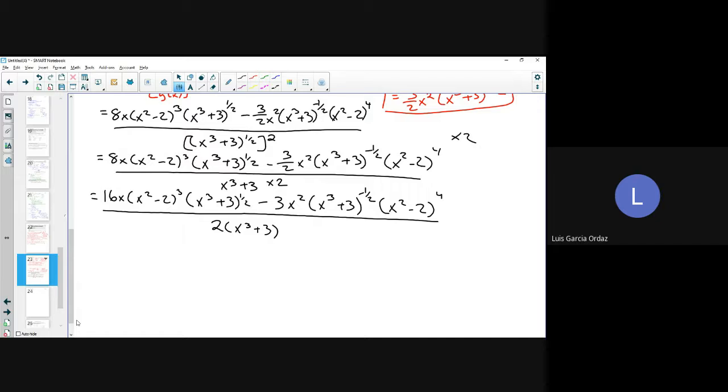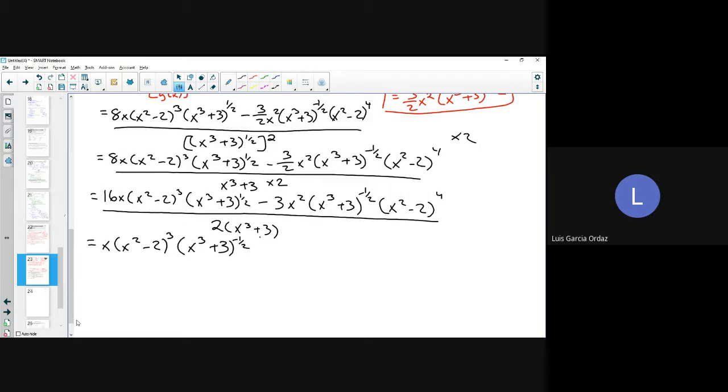So the factor I can take out from my numerator to simplify everything will be x times x squared minus 2 to the power of 3 times x to the power of 3 plus 3 to the power of negative 1/2.